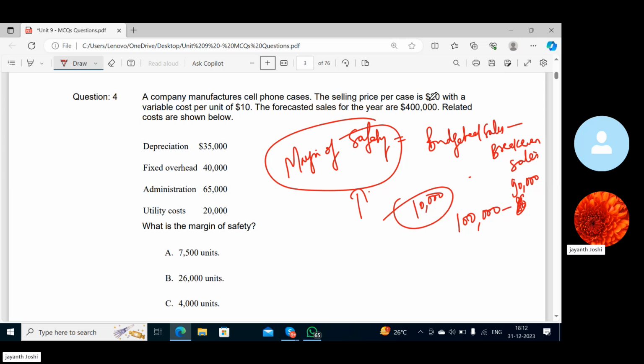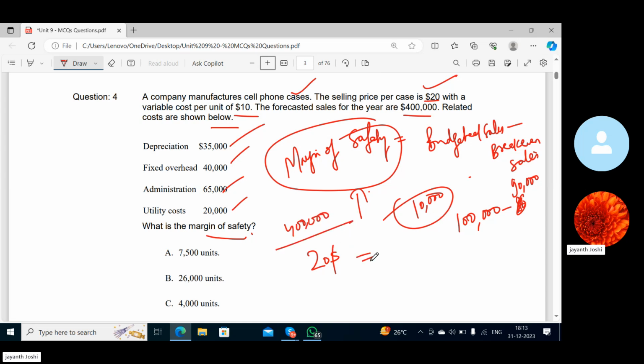The selling price per case is $20. A company manufactures cell phone cases. This is the selling price, variable cost is this, forecasted sales is this. Related costs are given below. These are fixed expenses. What they're asking is the margin of safety. At $20 per unit selling price and the forecasted or budgeted sales of 4 lakh, how many units would you have sold?